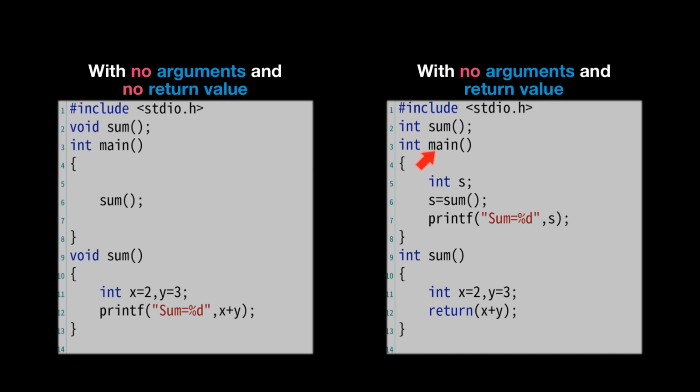Here the main function calls the function sum. Therefore, this main function is called the caller function or the calling function. And the function being called is sum. So this function is called the callee function or the called function.